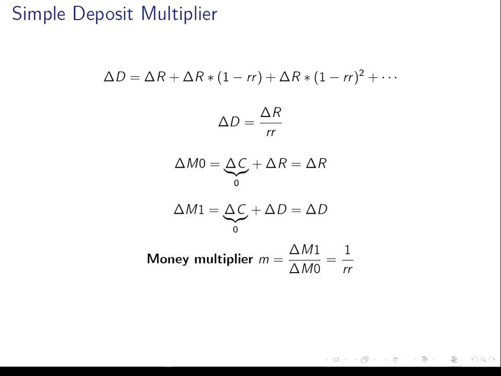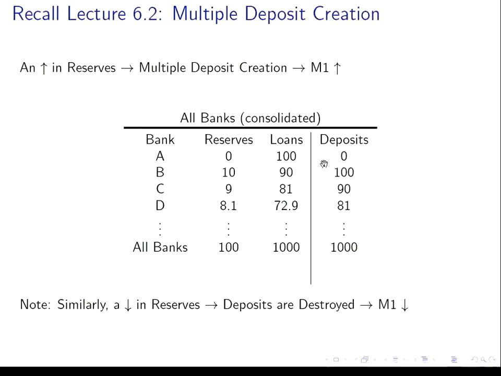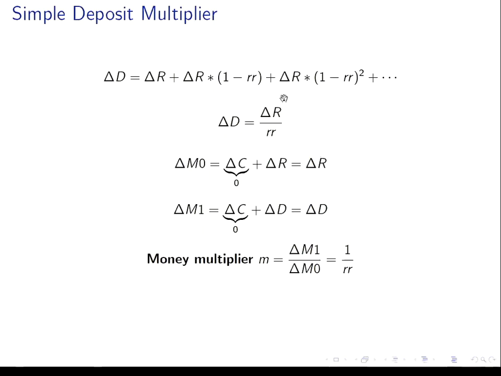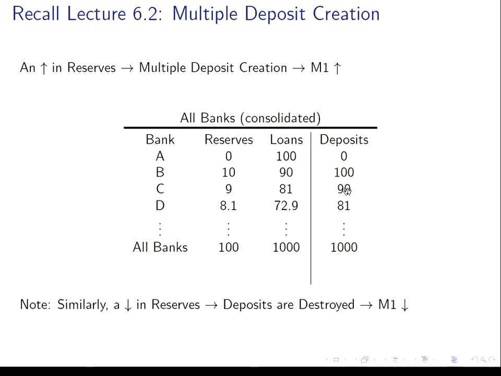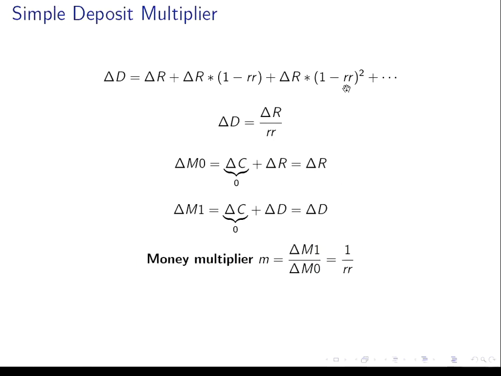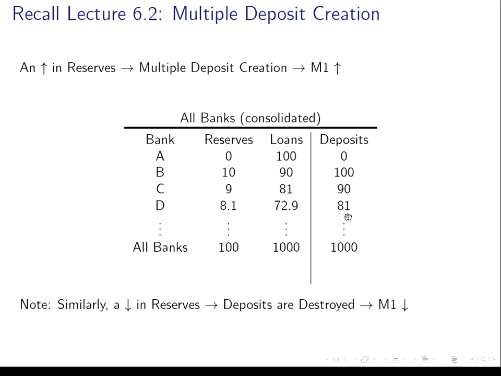So this was the simple deposit multiplier, where we said that the change in deposits is equal to the change in reserves, which is 100, into 1 minus the required reserve ratio, which was 90, into 1 minus R squared, which is 81, and so on and so forth, right?